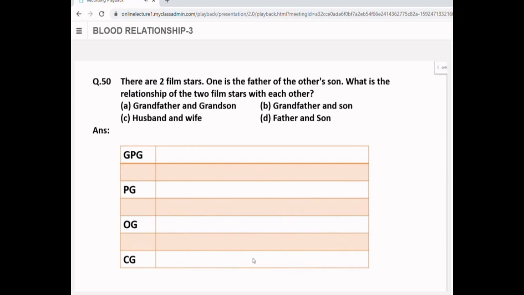Before my diagram, let me see your diagram. Let's start now. So only one fellow, WhatsApp me the diagram, nobody else. Let's see.